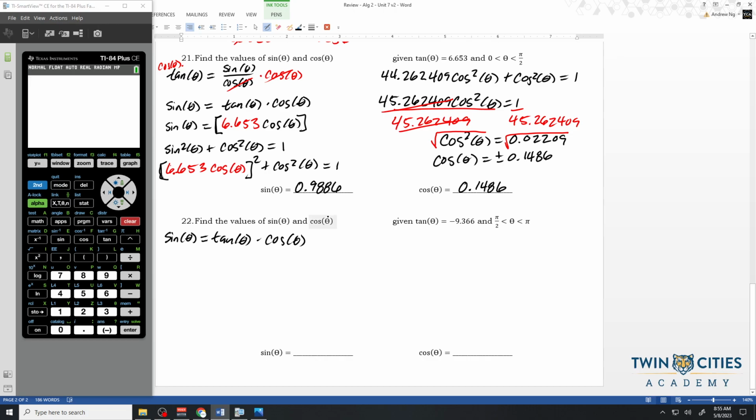I found that earlier from tangent is sine over cosine and multiplying both sides by the cosine. And we'll plug in what we know. We know the tangent of theta is negative 9.366. So we'll say the sine of theta is equal to negative 9.366 cosine of theta.